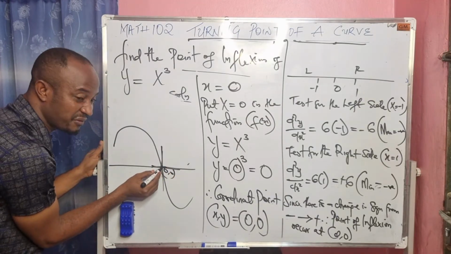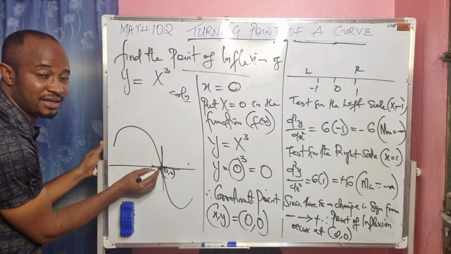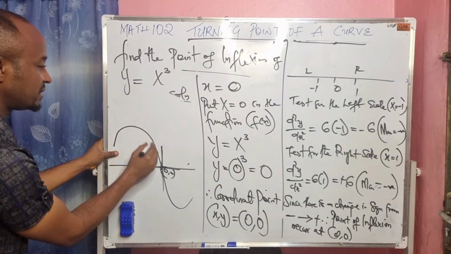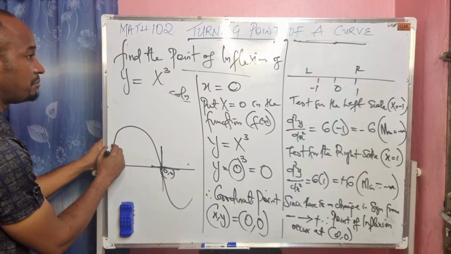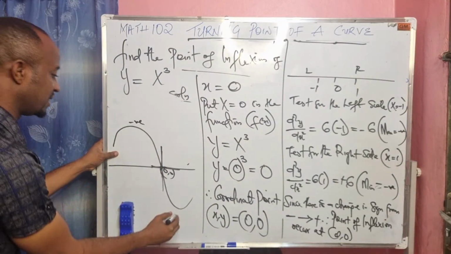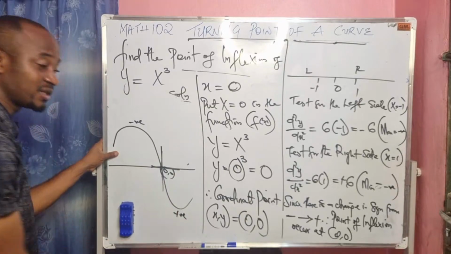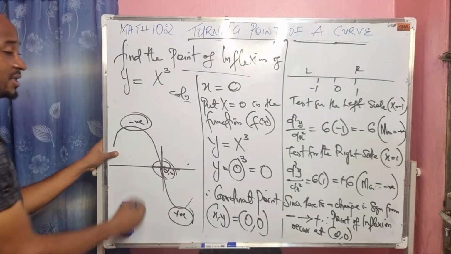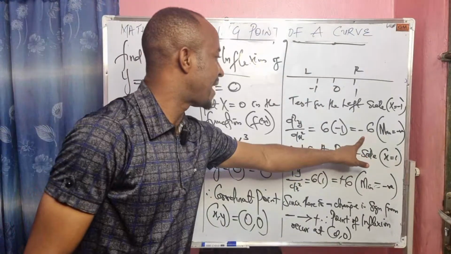So we have the point of inflection somewhere here. That's what it means. It is changing from negative to positive. Maximum is negative, and this is positive. So if you don't test for this and this, you can't determine this. That's why we are testing.